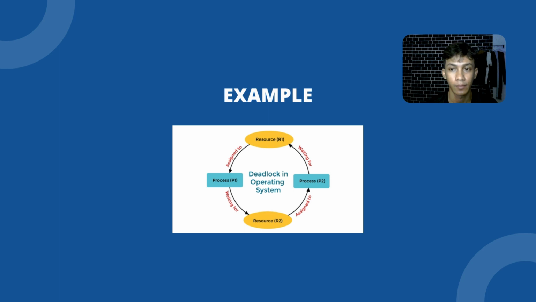However, user A also wants to access a resource held by user B, such as the same formatting tool. Both users are waiting for each other to release the resource they need, causing a deadlock where neither can proceed with their task. In this example, deadlock occurs because both users are waiting for resources held by the other user.